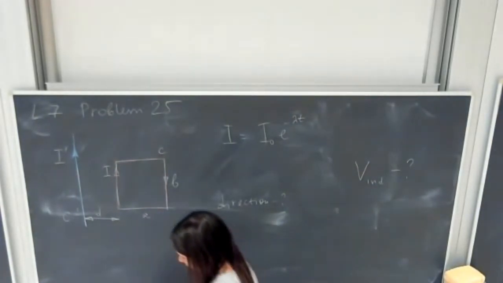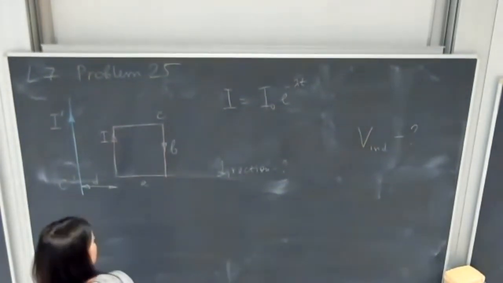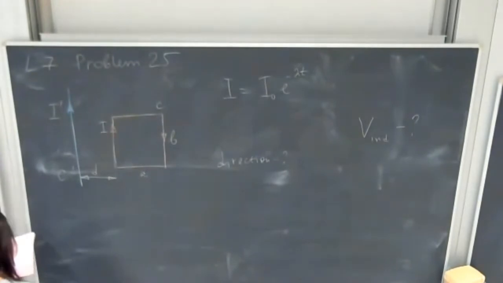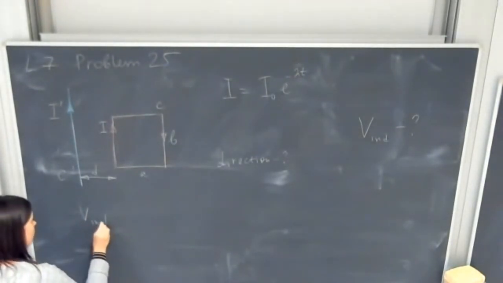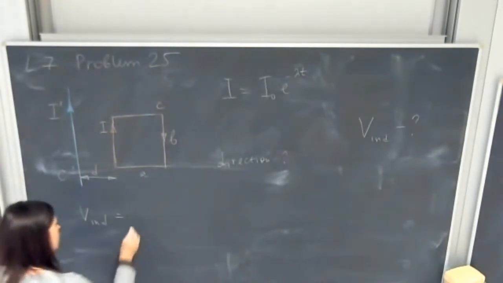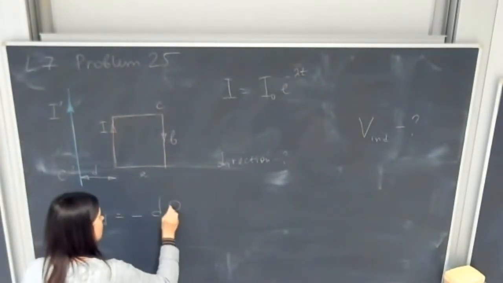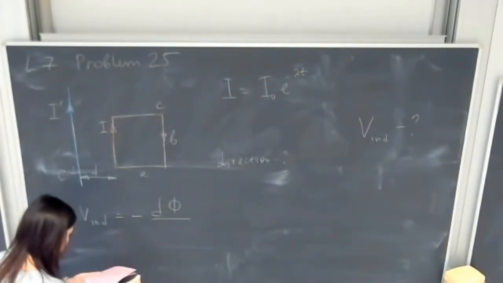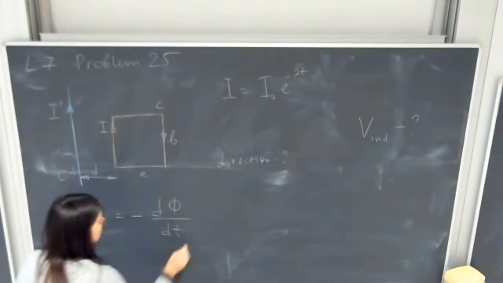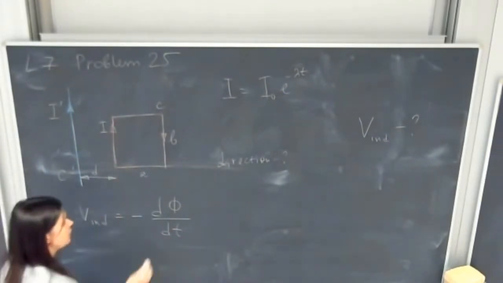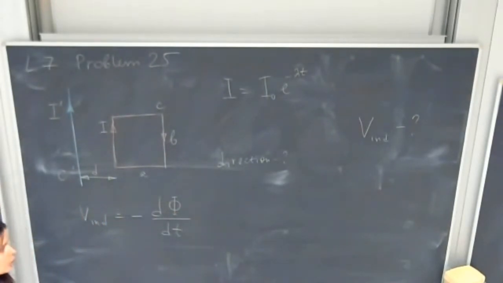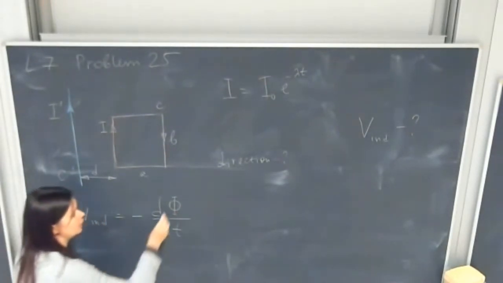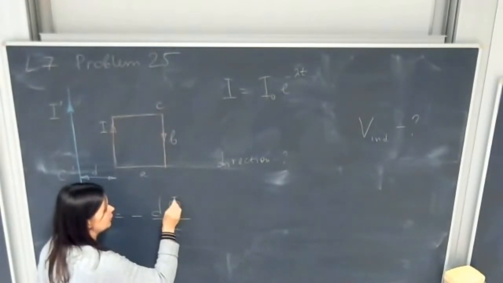So V induced. Let's write this Faraday induction law. V induced is minus dΦ/dt. So this Φ is not electric potential, it's a different symbol, more like a capital letter.